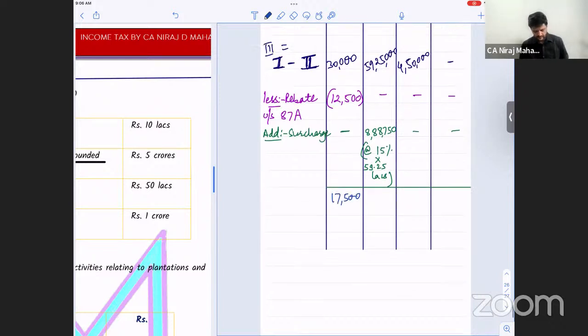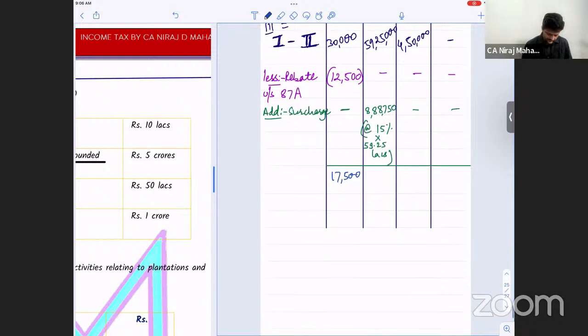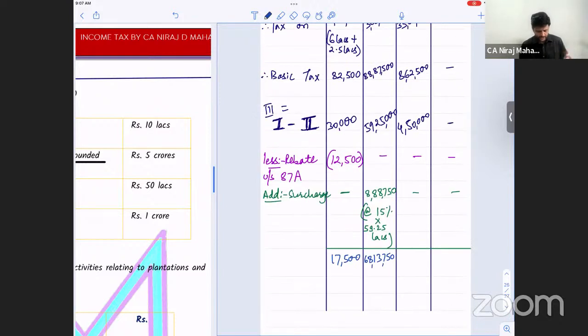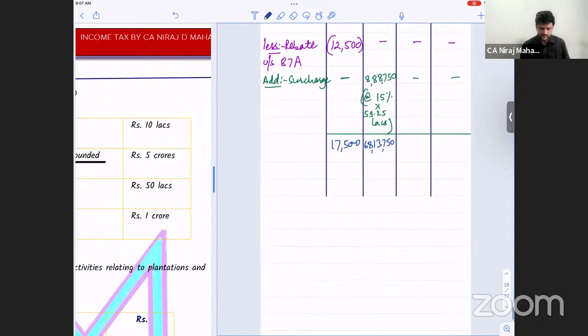Fine. 59.25 plus 888,750. 68,13,750. No surcharge, no rebate. So it is 4,50,000. Take it as it is. Case 4 is nil till the last end. Yeah? Yes, clear, all of you.